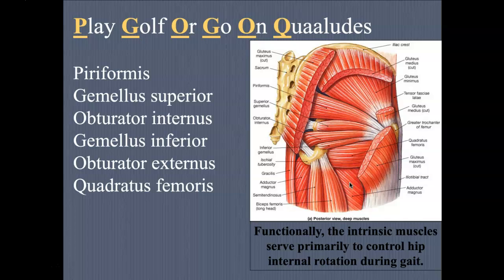One of the concerns is we'll slam into internal rotation, maybe valgus moments or moments at the knee, and it could lead to injury. So these muscles play a major role in controlling internal rotation during gait, which is huge, right? Any injury to them, and we don't have control in internal rotation, which leads to changes up the kinetic chain.